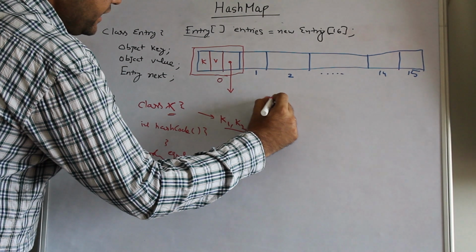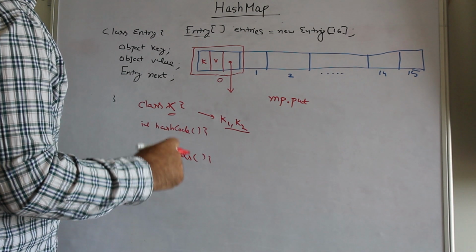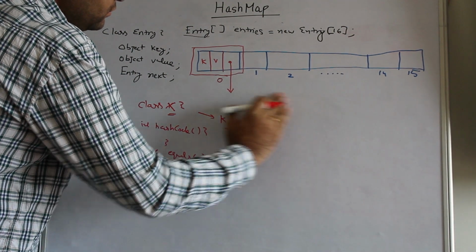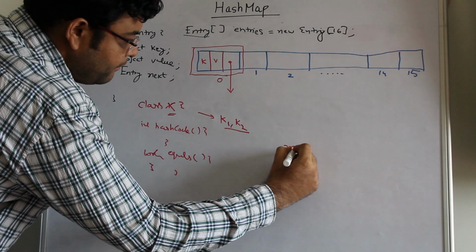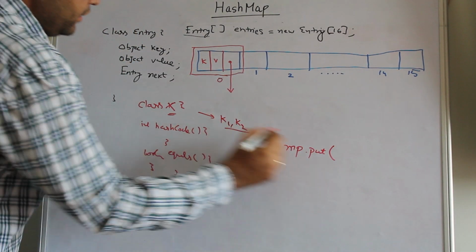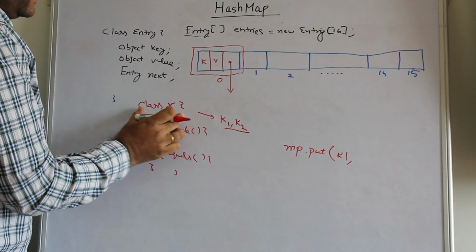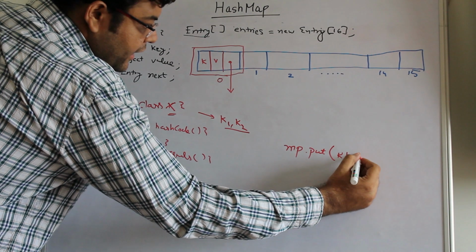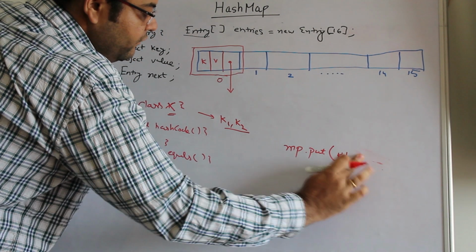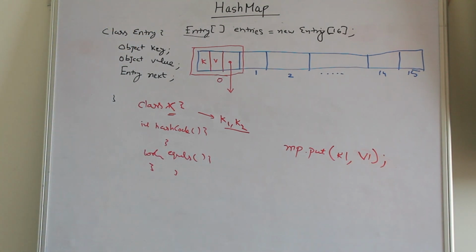For example, this is the map object mp, and I'll say put. I'll write it here: map.put. Now I'll put k1, which is an object of this class X, and I'll put the value as v1. So this k1 v1 I'm putting.